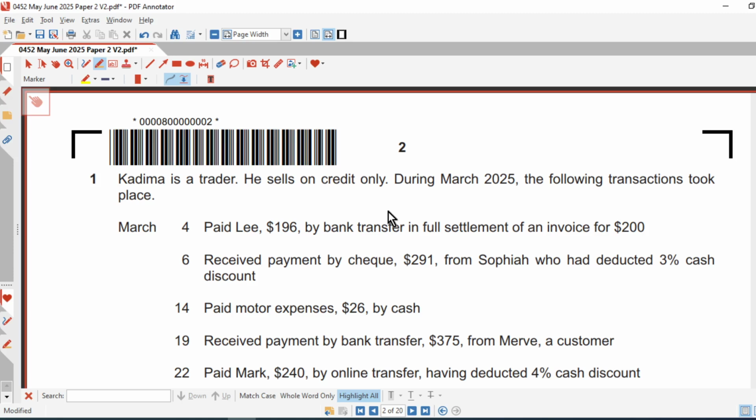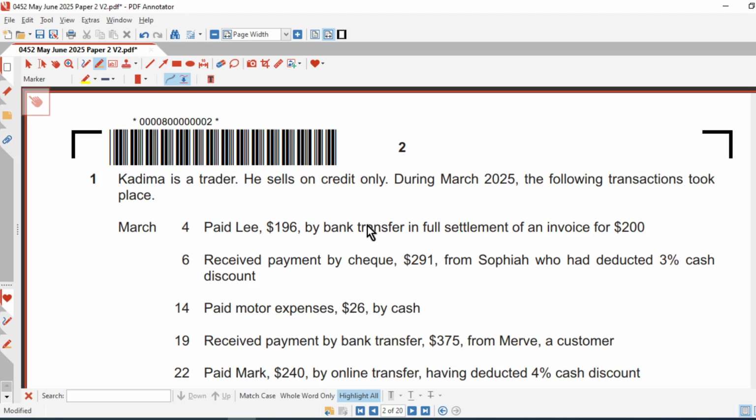Now, if you've been following the past years very closely, you know that question 1 is always going to be something related to double entry, perhaps control accounts or even books of prime entry, your journals.